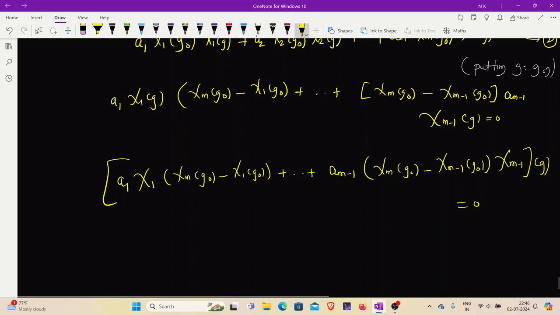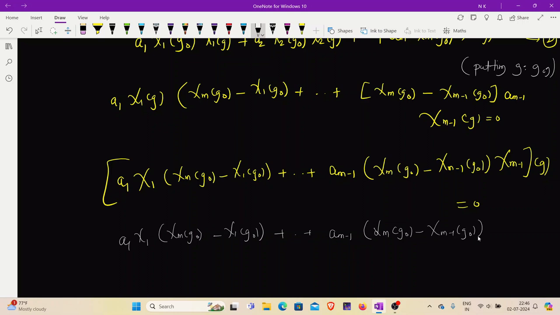So this expression is going to be 0, because g is arbitrary.